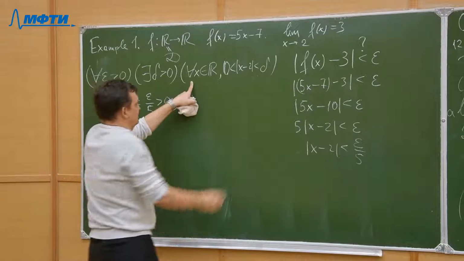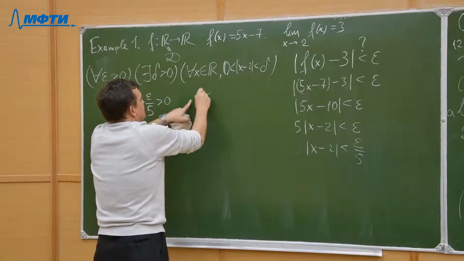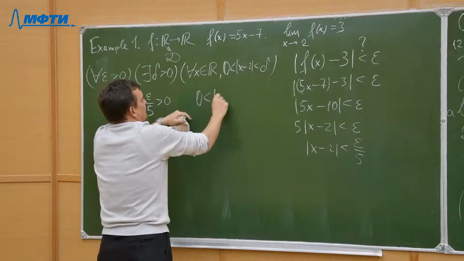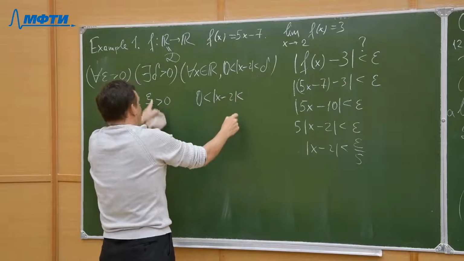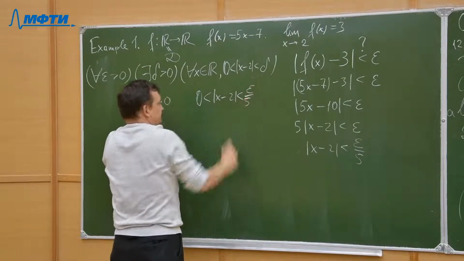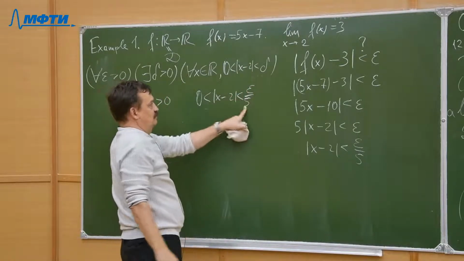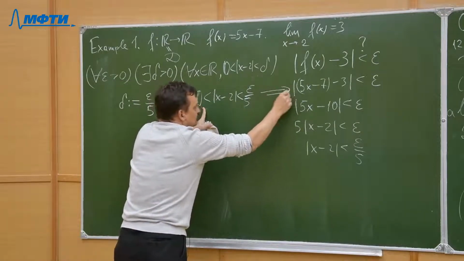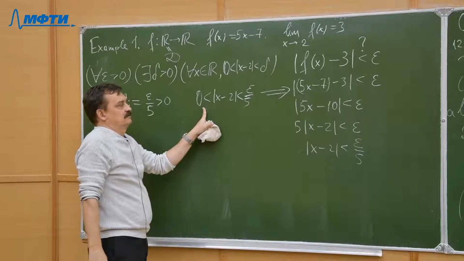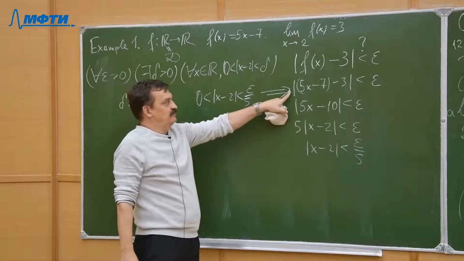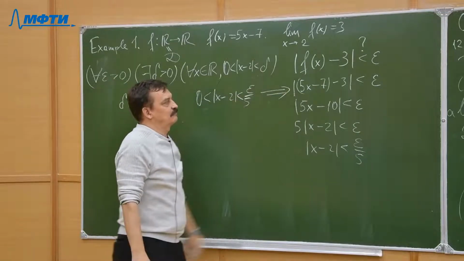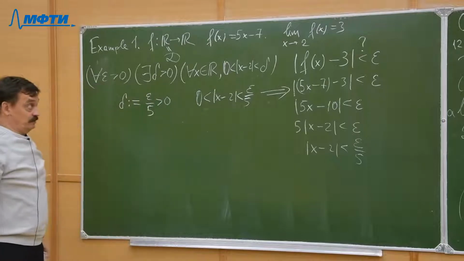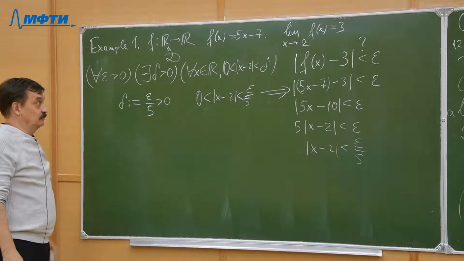Now, once 0 less than modulo x minus 2 less than epsilon over 5, once we have this inequality, then automatically we have this and that inequality as well. So we are done.